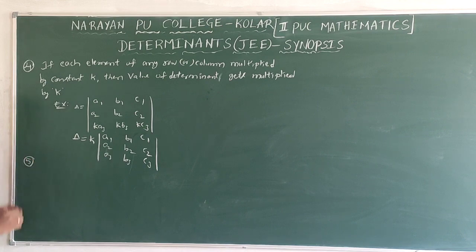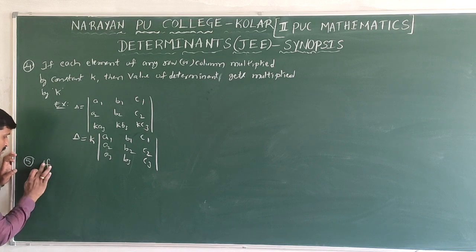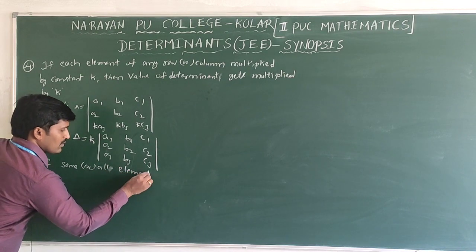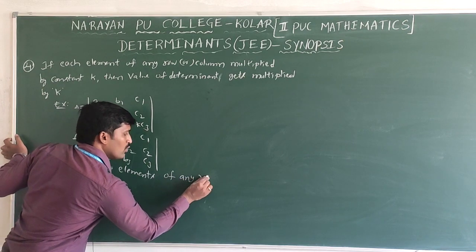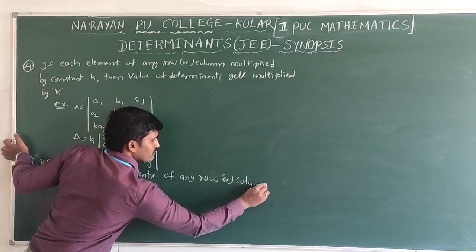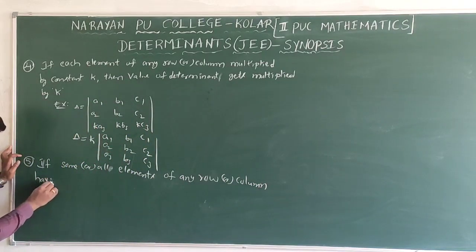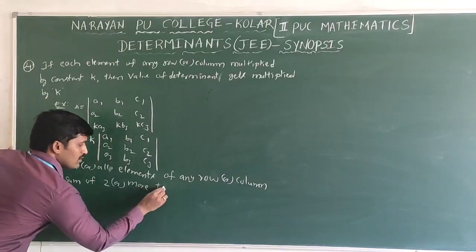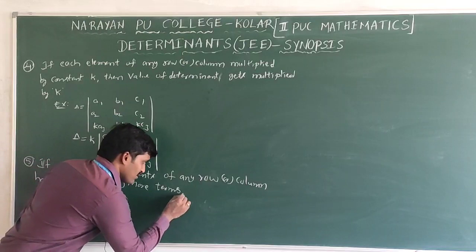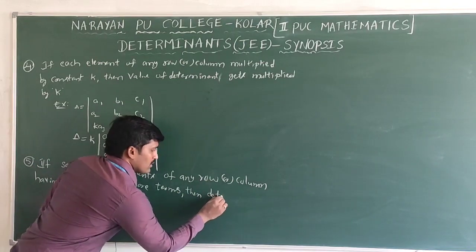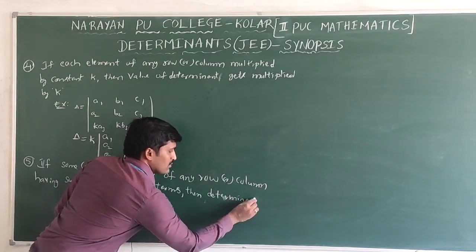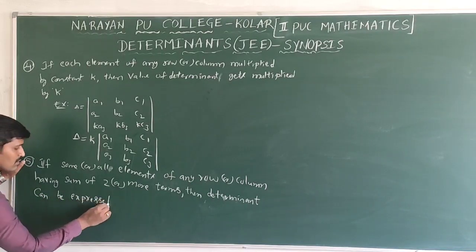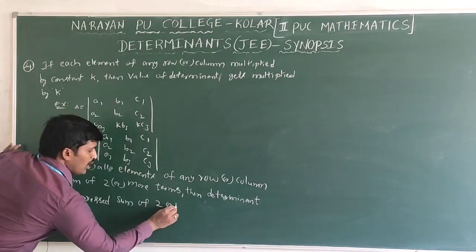Next, property number 5. If some or all elements of any row or column have a sum of two or more terms, then the determinant can be expressed as a sum of two or more determinants.